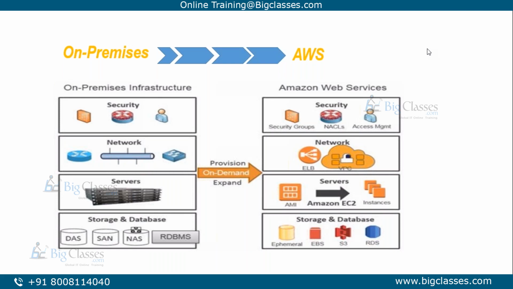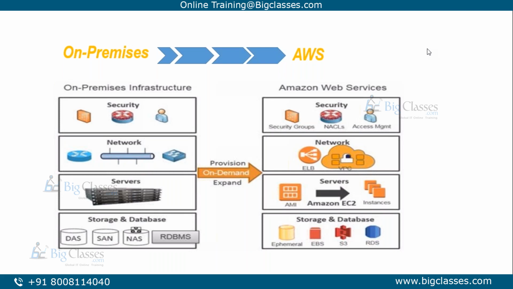When I say mapping, on-premise we have certain services, and we want to see how they are mapped at the AWS level. On-premise we have certain components like firewall, security, and identity management or user management.